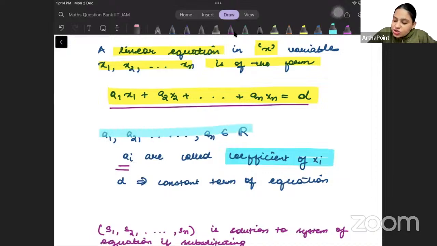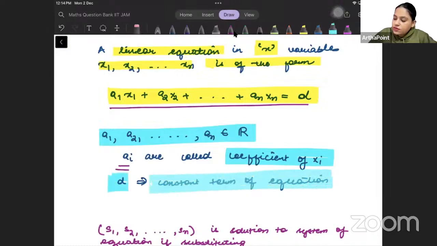These ai's should belong to the real space. They can be positive, they can be negative, they can be a fraction, a rational number. It can be anything belonging to real space. And this alpha is basically the constant term of the equation. Alpha is the constant term of the equation.